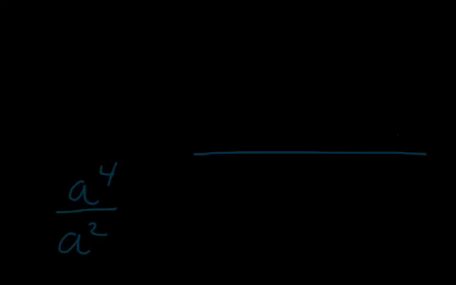So, a to the 4th divided by a to the 2nd is equal to 4 minus 2, which is 2, which gives you a to the 2nd.